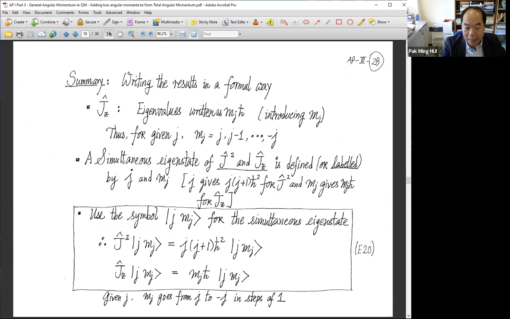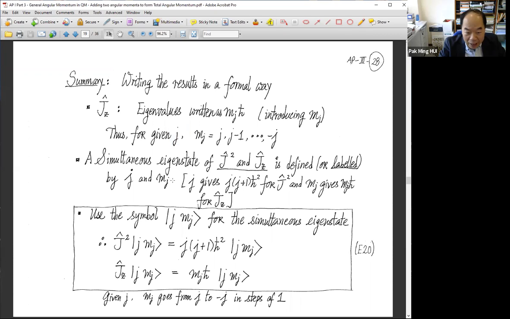Another remark is that in higher level writing, a more abstract way of writing this result is the following. We will refer to the JZ eigenvalue simply as MJ, okay? And then the highest J will give us the J square eigenvalue.